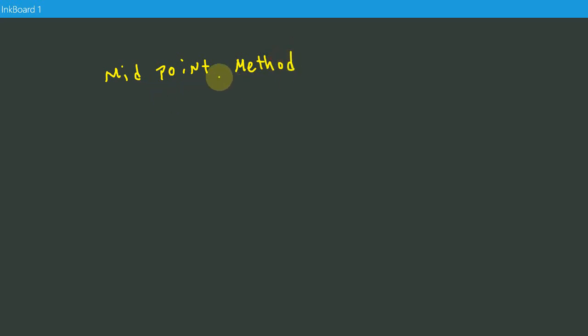If you use the midpoint method, you will have the same consequences with the same changes. I mean, this is quite different from the prior result.